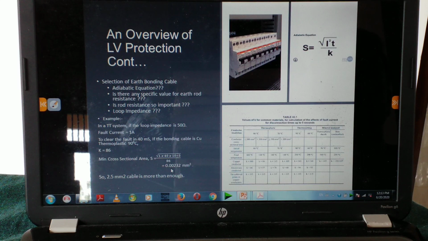Very few square millimeters, because a very small current flows for a very short time. So a 2.5 millimeter cable is more than enough. Even with K as 100 it is more than enough.